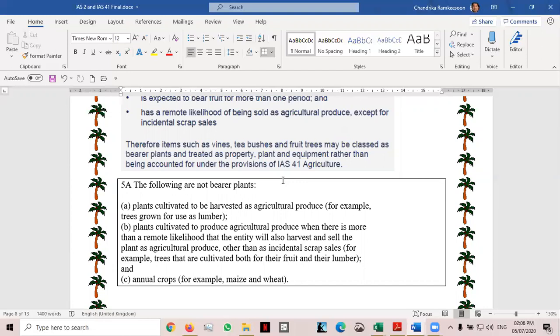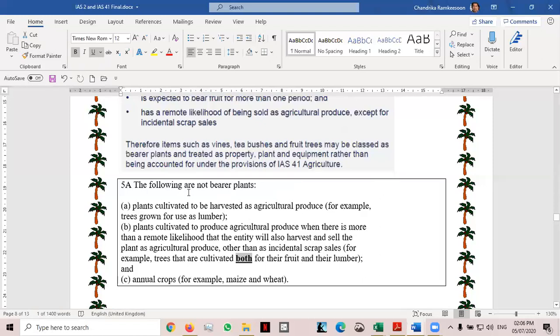For example, trees cultivated both for their fruit and their lumber. Now, the important term here is cultivated both for their fruit and lumber. So the intention here was to plant and grow this tree for both fruit and lumber.